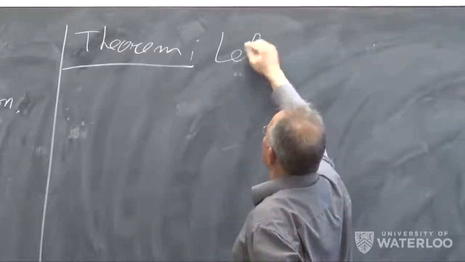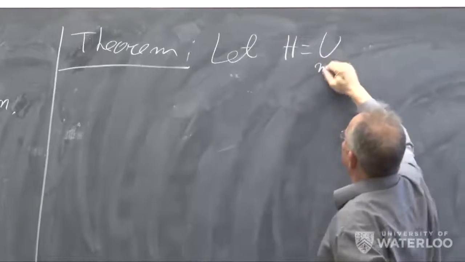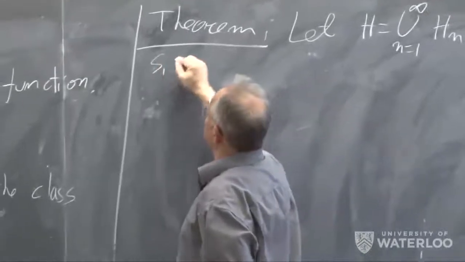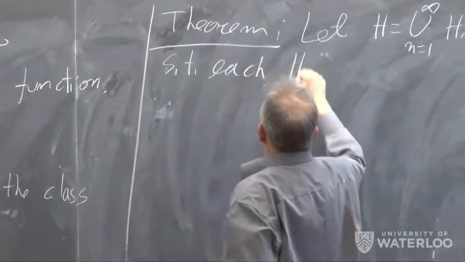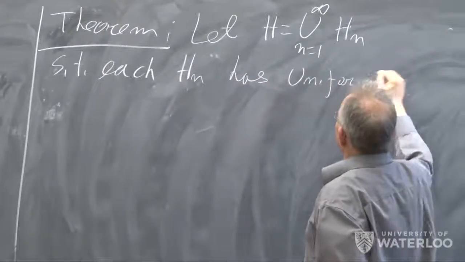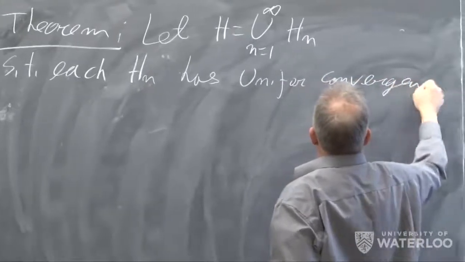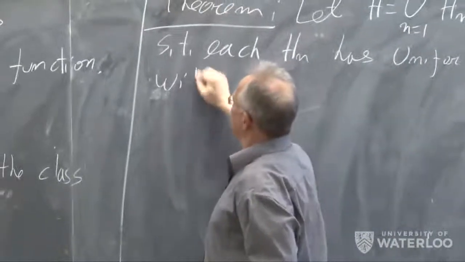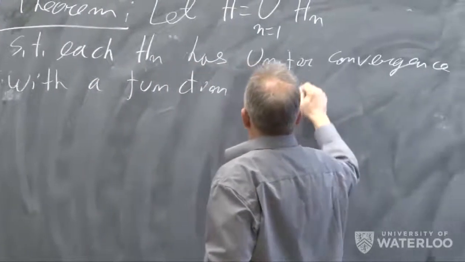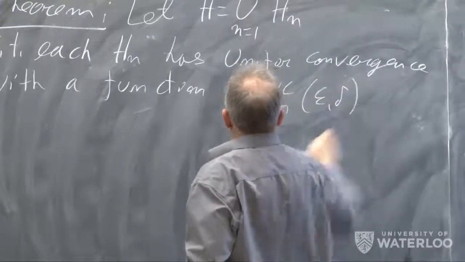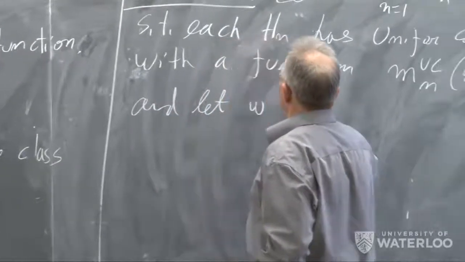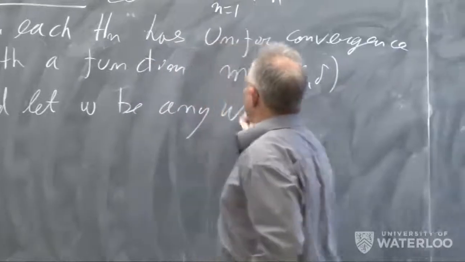So let H be a union over n goes from 1 to infinity of Hn, such that each Hn has the uniform convergence property with a function m uniform convergence of n, epsilon, delta, and let W be any weighting function.